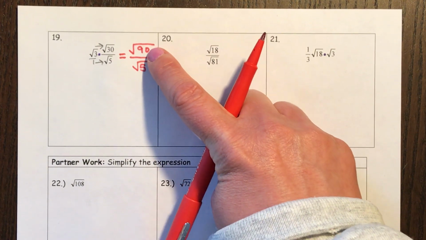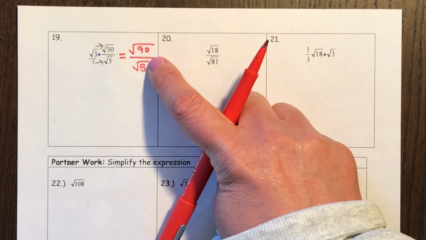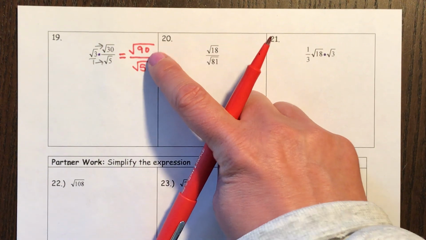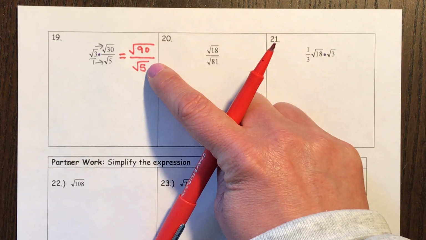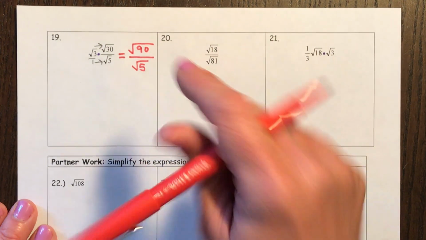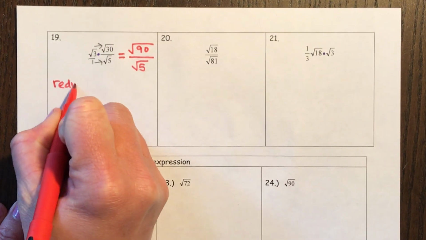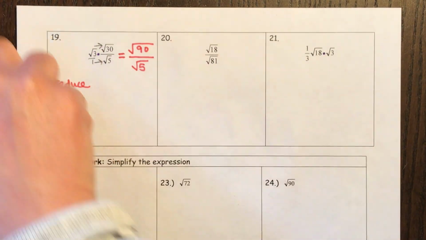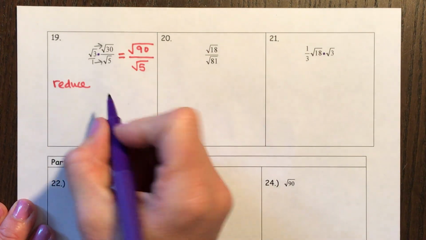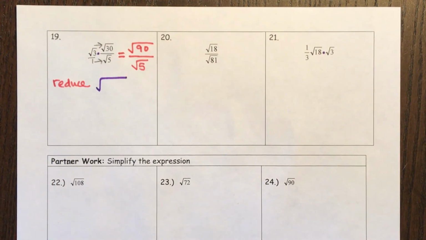The point is they're alike in their terms, so I can reduce this. Because 90 and 5 are both radicands, I can reduce. How many times does 5 go into 90? Gosh, I actually legit need a calculator because my brain isn't functioning today. So here we go.